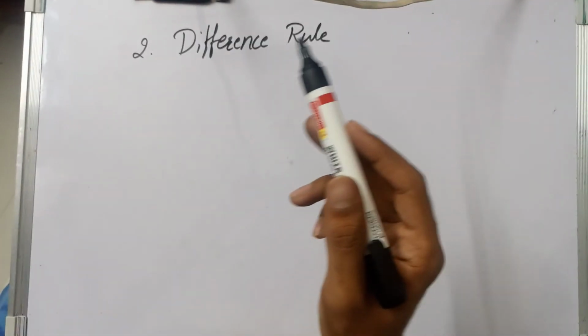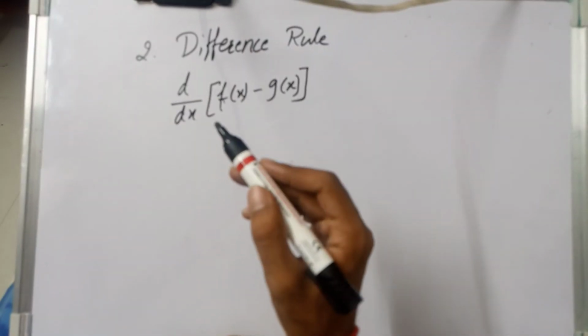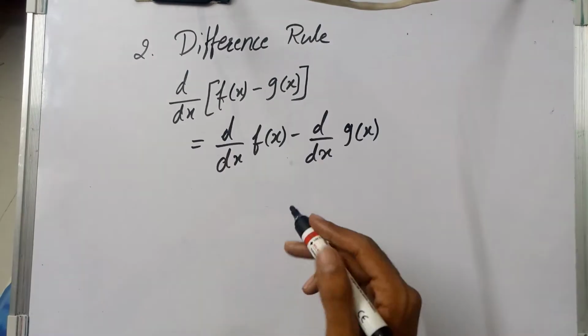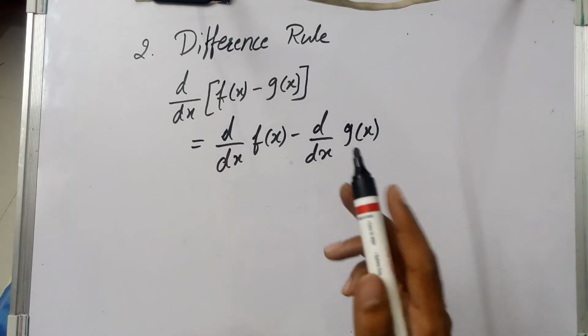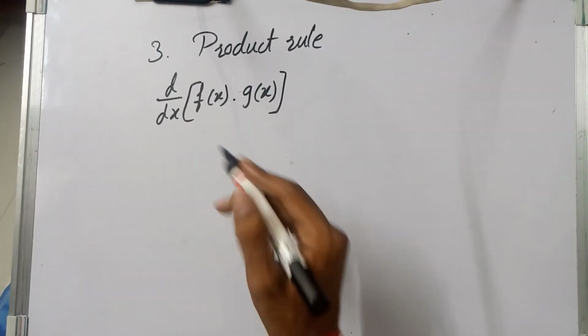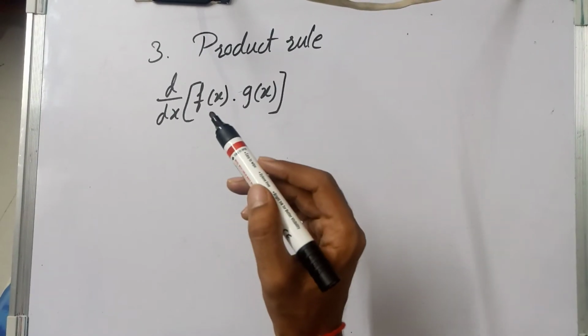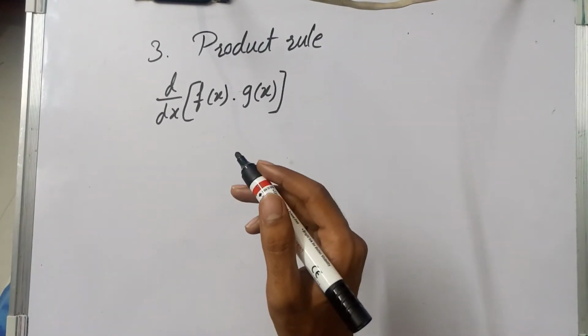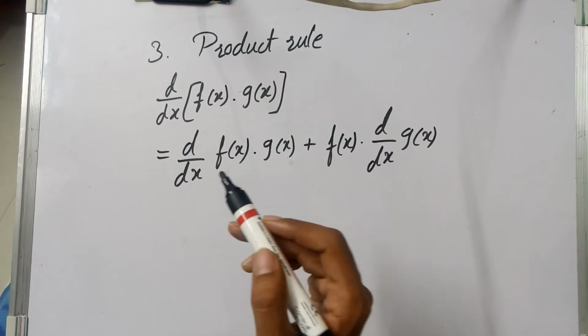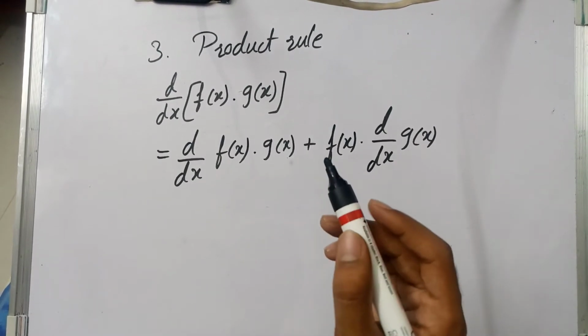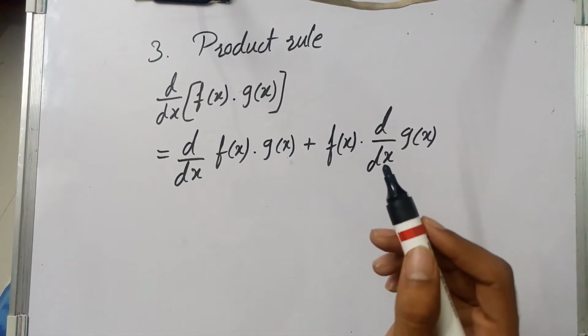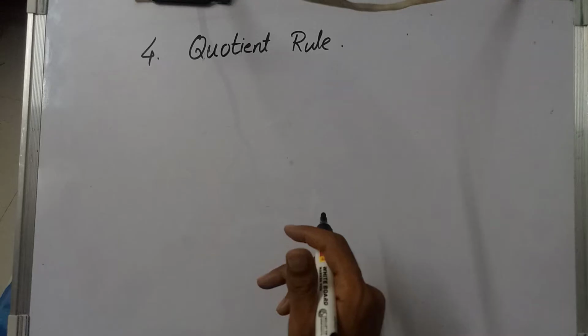Second, difference rule, derivative of f(x) minus g(x) is derivative of f(x) minus derivative of g(x). Third, product rule, derivative of f(x) into g(x) is derivative of f(x) into g(x) plus f(x) into derivative of g(x).